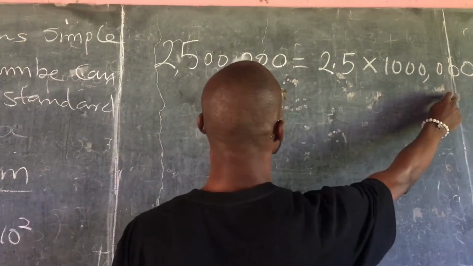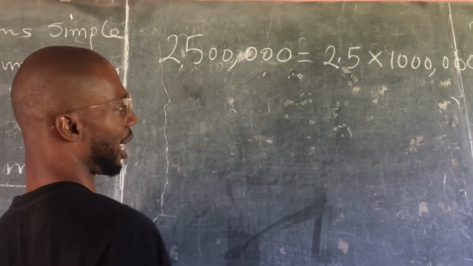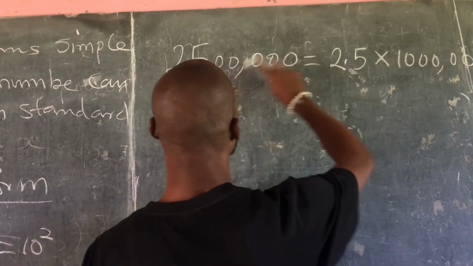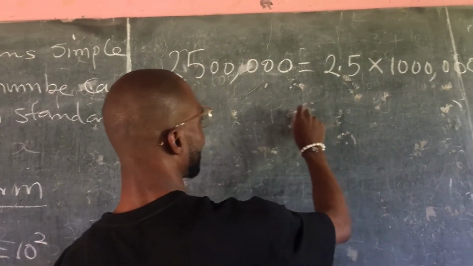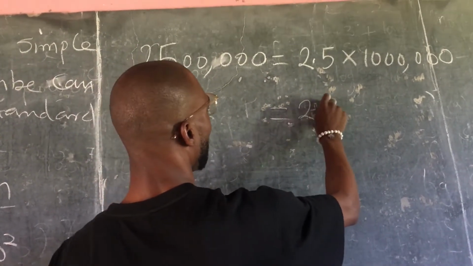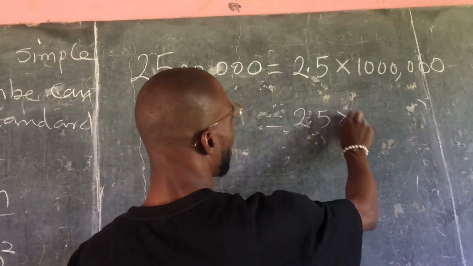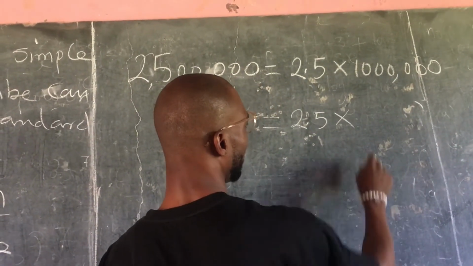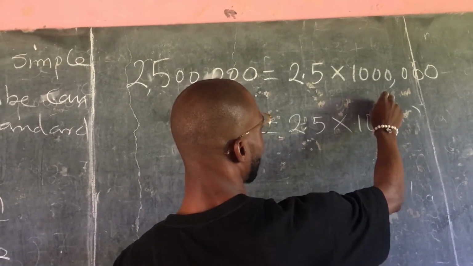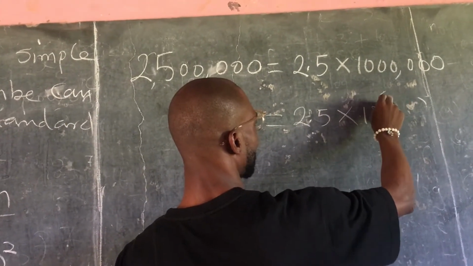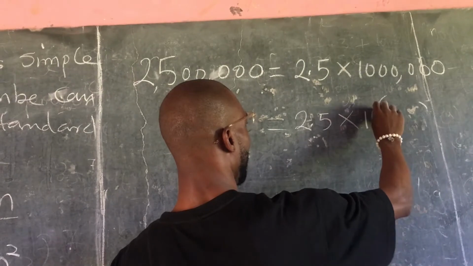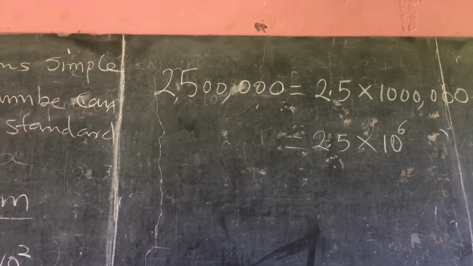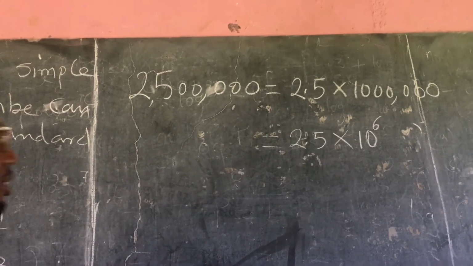If I multiply these two, I will get back to this number. Now I have expressed this number as a product of two terms, and the other term can be expressed in powers of 10. So what is 1 million? 1 million is 10 raised to power 6. So I have expressed this one as a product of two terms.